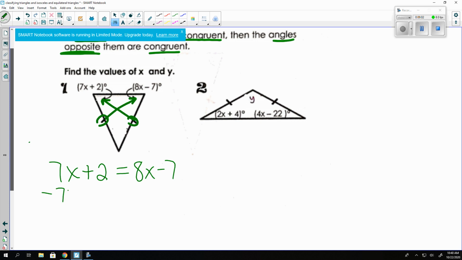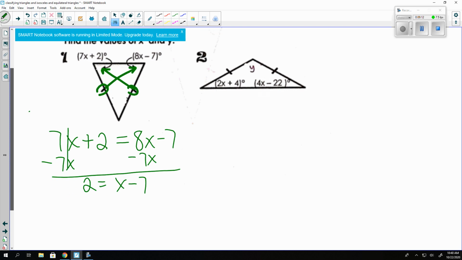So I'm going to do minus 7x, minus 7x. So I get 2 is equal to x minus 7. And then now I just need to add 7 to both sides. Okay, and so I get that x is 9.